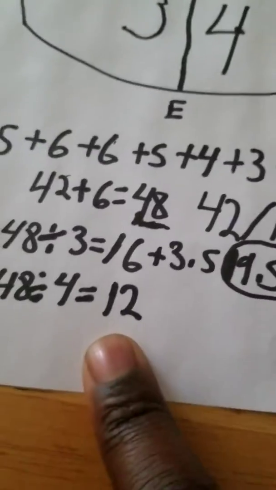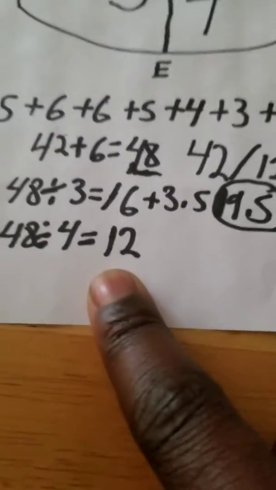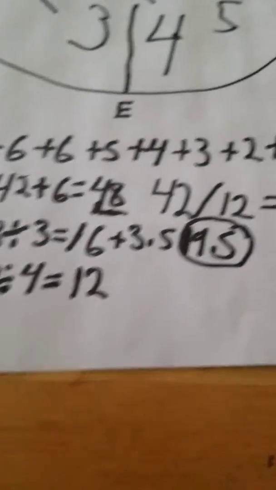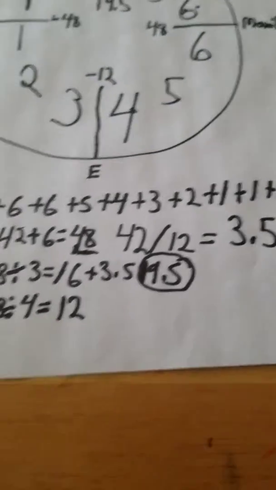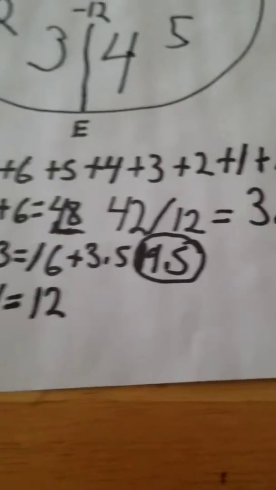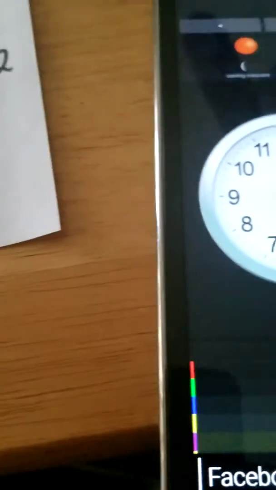And why is it negative 12? Because spring is positive because the leaves are coming up, the buds are back. Autumn is negative because everything is falling down. The leaves are dead and everything is just falling down, so it's negative. So that's what we're going to put down too.